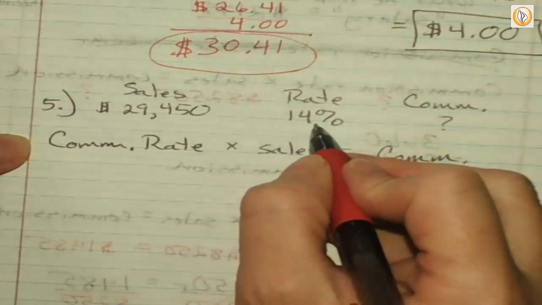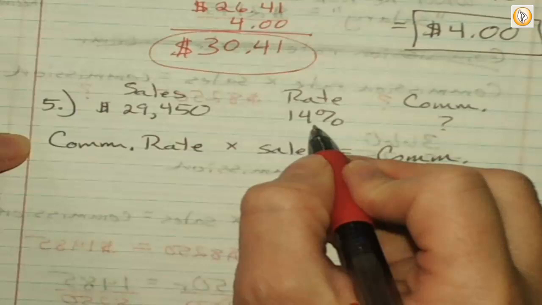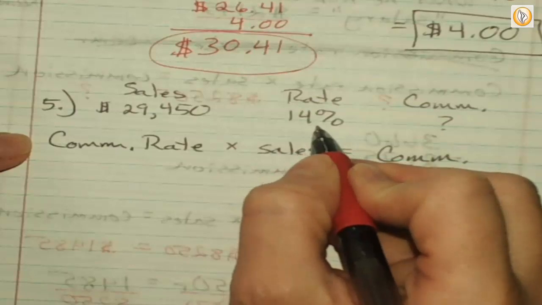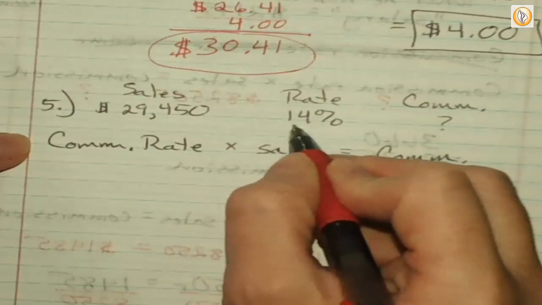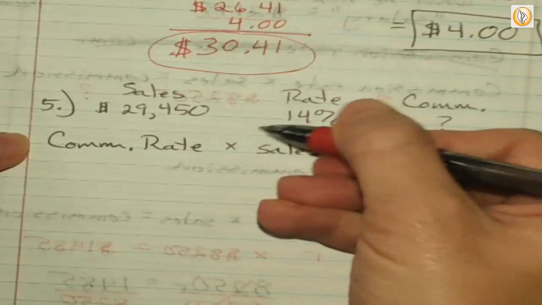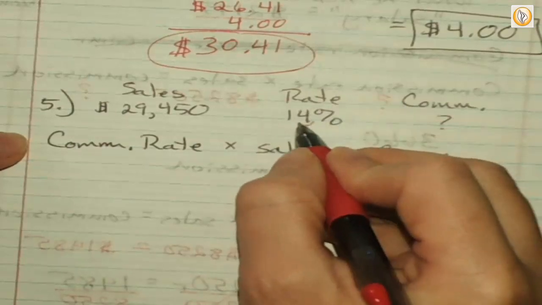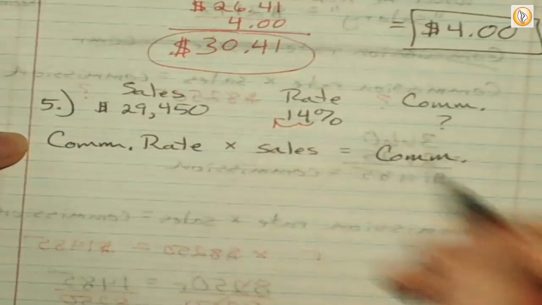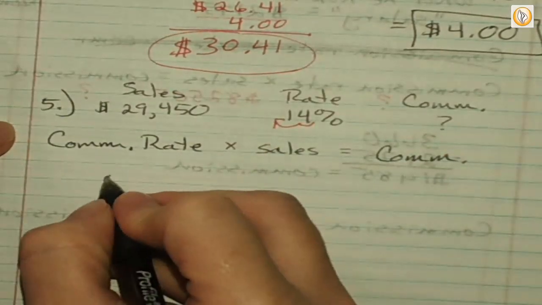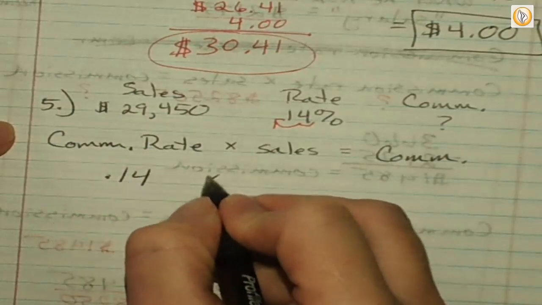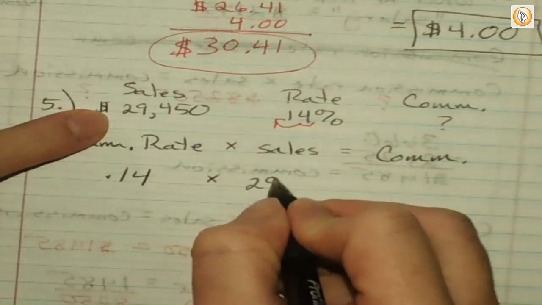How do I do that? Which direction again? Very good. See, I knew I didn't hear you correctly. All right, 2 places to the left. So now we have 0.14 times, and they gave us the sales.